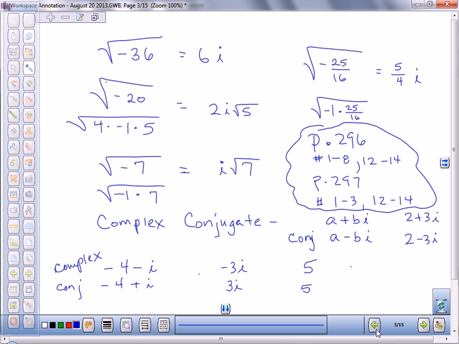Does that mean we do number 12, or 12 through 14, right? No, I think it's the square root of negative 1 and the square root of 1.